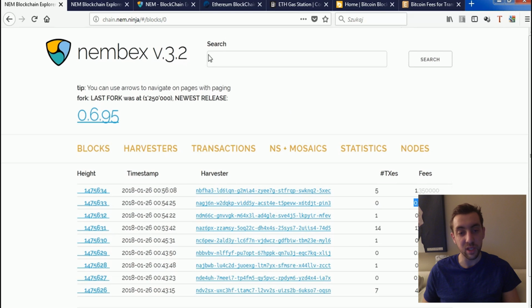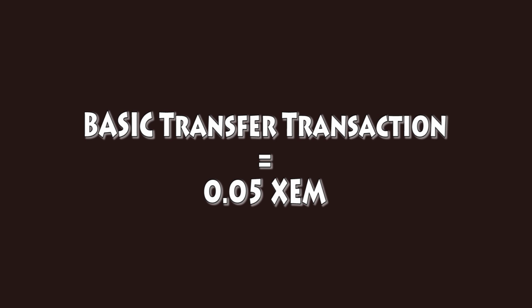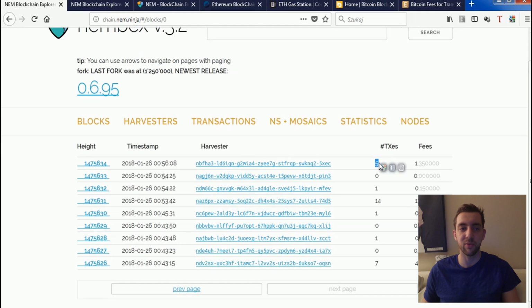Also, about the fees on the NEM blockchain, every transaction's basic fee is 0.05 XEM. One more time, 0.05 XEM for a transaction, and it's like 0.1 XEM for a basic transaction with a message, up to, I think, 10 shards or something like that.